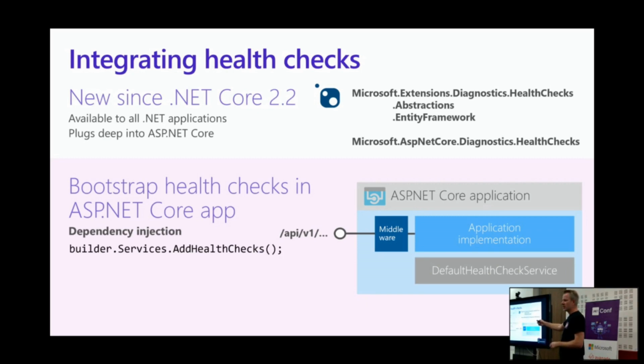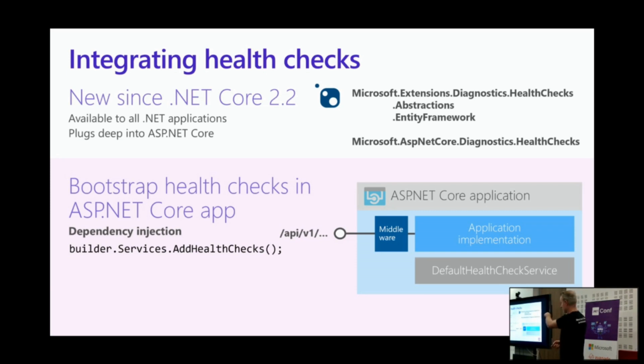With the dependency injection system, builder.Services, this is the new way. If you do it with the Startup.cs still, that's also fine. But you will use the services variable that you get, the IServiceCollection. And you just say, the simplest version, AddHealthChecks. That's enough to wire a simple standard health check service that will be registered. And that will do as much as create a single endpoint.